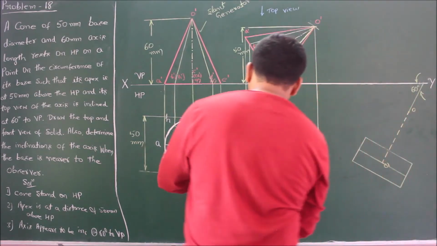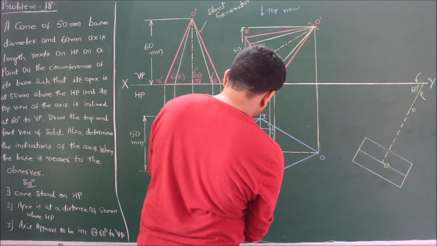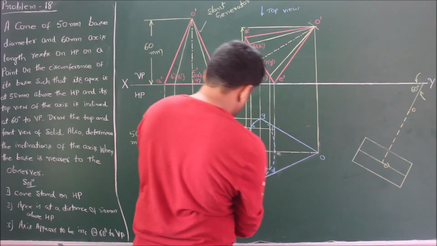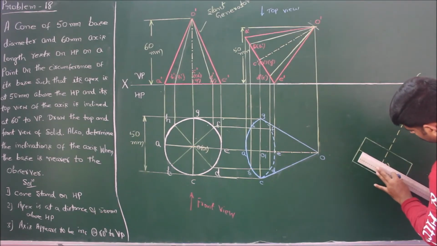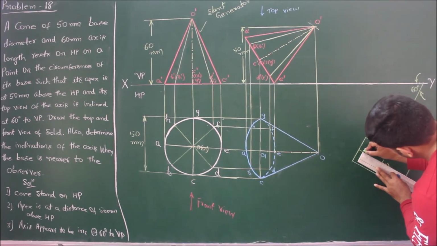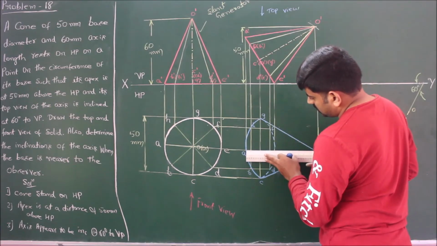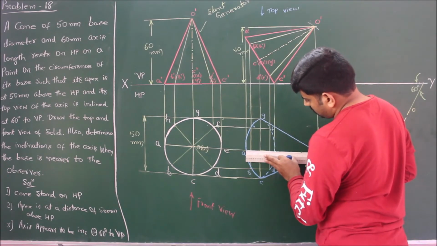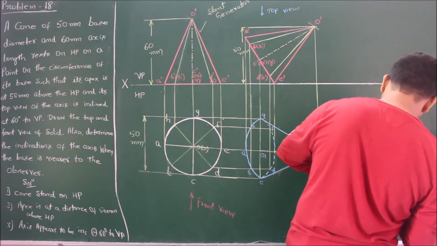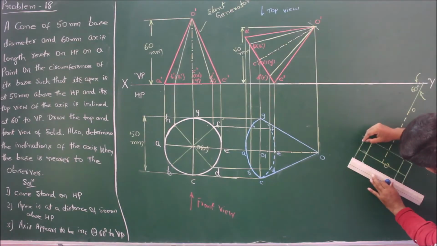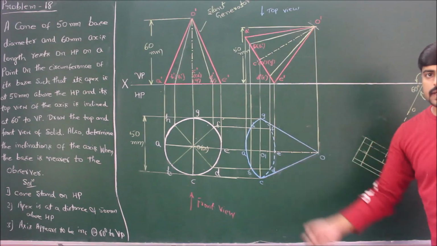Now measure this length. Now measure the vertical lines from A and E. Transfer those lines also. This completes the transferring of the rectangle constructed around the base.